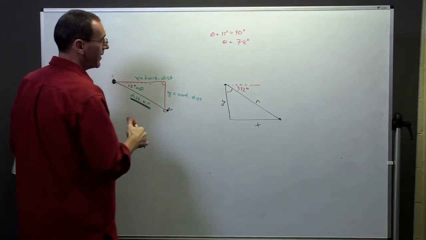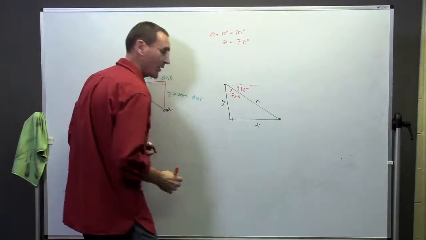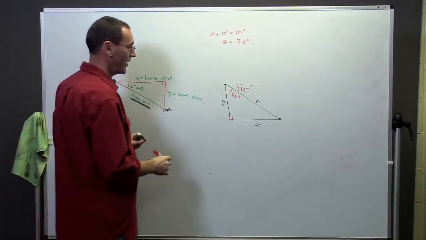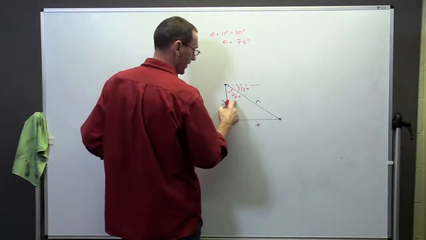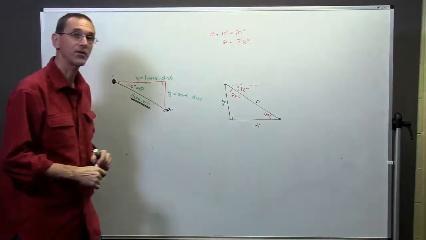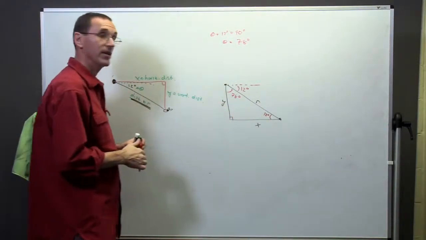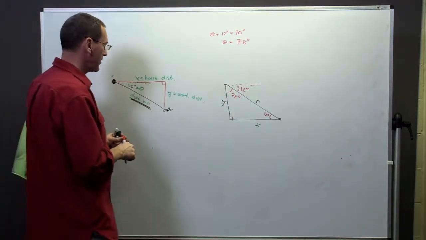Yep. And so now this would be 78 degrees. This, again, is a right angle. And that means if this is 78 degrees, that has to be 12 degrees, because this plus this has to be 180.